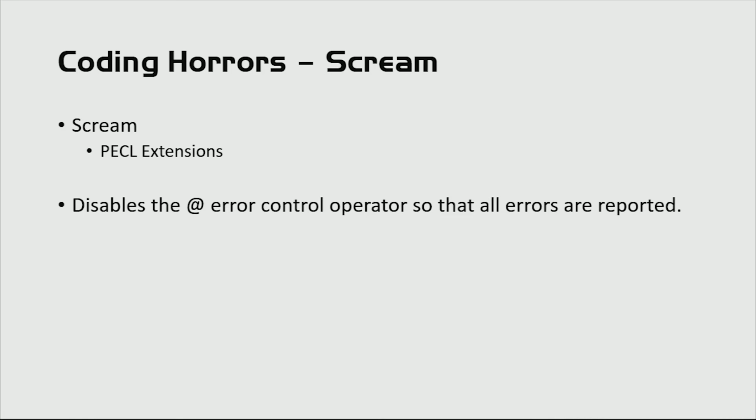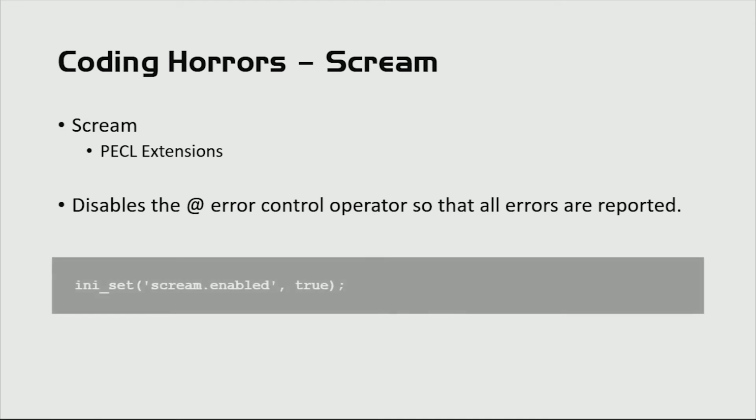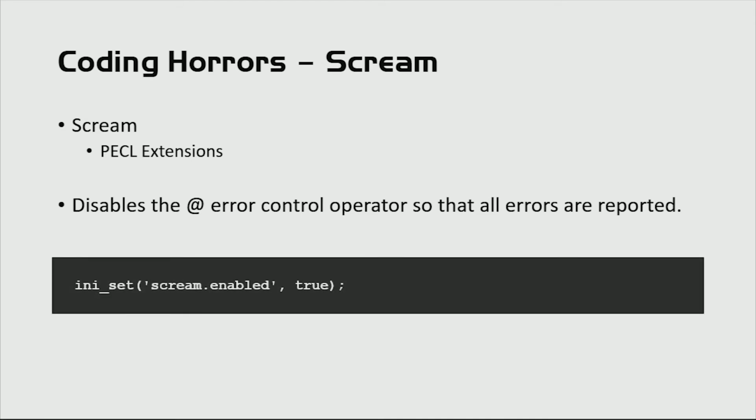So when you execute your code, the error isn't suppressed. It is highlighted, and you can then identify everywhere it's used in your code base, and you can sort those circumstances out. And it's as simple as installing the extension and then an ini set that you can use.